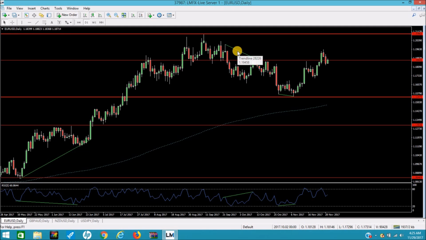At the same time, we're also looking to see if price forms some bearish hidden divergence along the way. As we see here, it did form some bearish hidden divergence, and then we have price coming back to a resistance area. We're looking to sell right away.